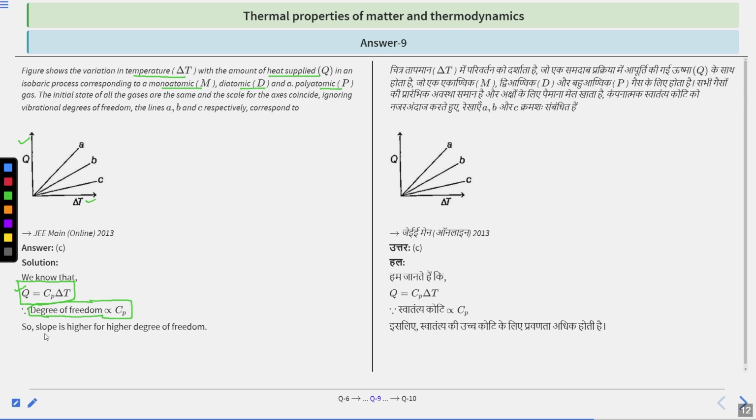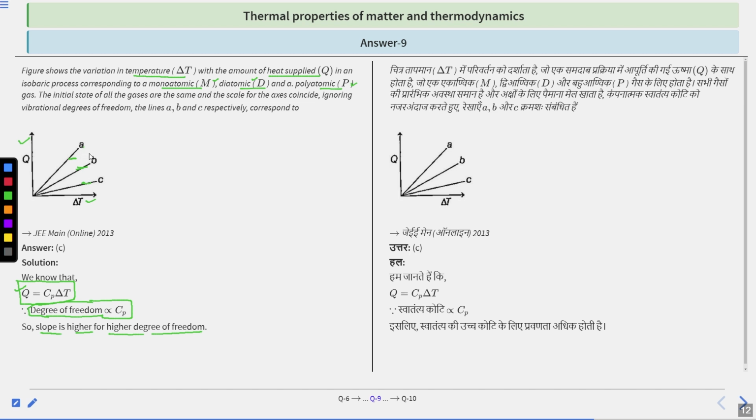So slope is higher for higher degree of freedom. Clear? Slope is higher for higher degree of freedom. So polyatomic P, diatomic D, and monatomic M. The higher slope is this one, then this, and after this.